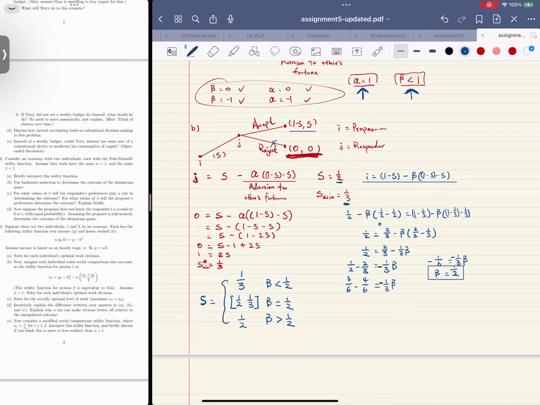Does it make sense, if beta is less than 1/2? Yeah. The proposer will offer, well, no, will offer 1/3.